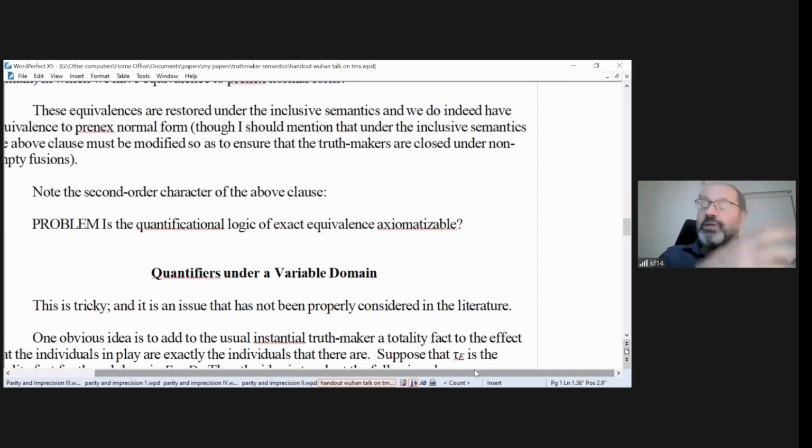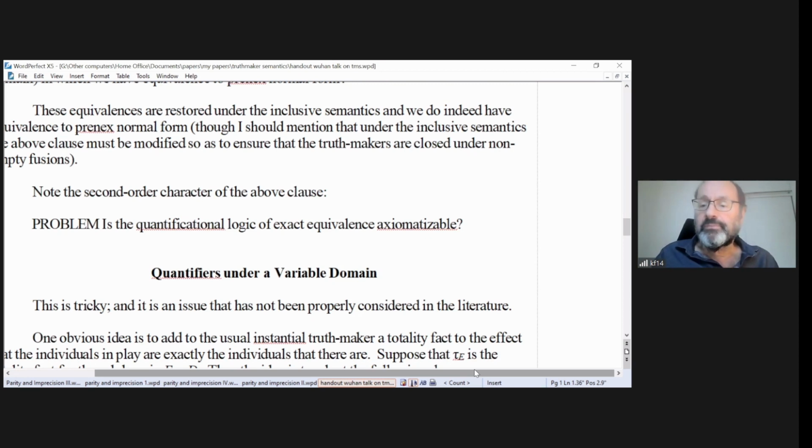But in a different scenario in which there are different men, it would be different men or people being mortal that would be a truth maker. So what we want to allow is that there could be different truth makers for all men or all people are mortal, depending on which people there are.